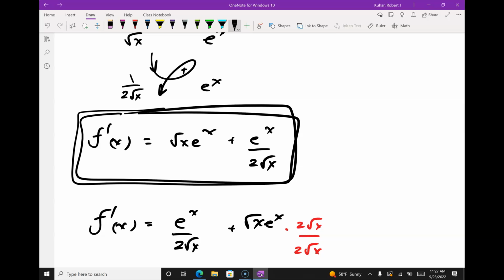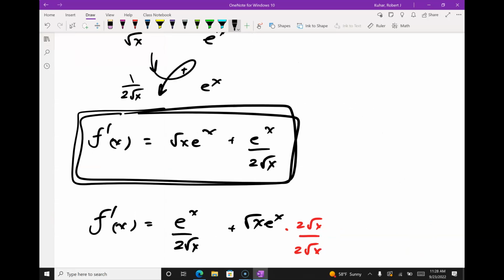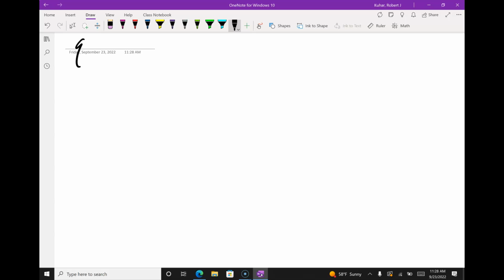Okay, we're ready. Quotient rule reminder. I have y equals f divided by g, right? So I'm looking for a fraction when I'm doing quotient rule.